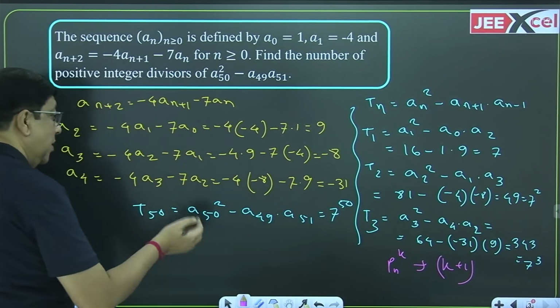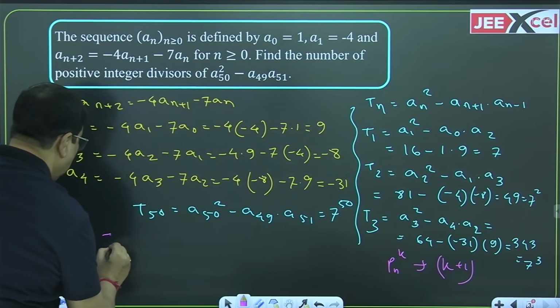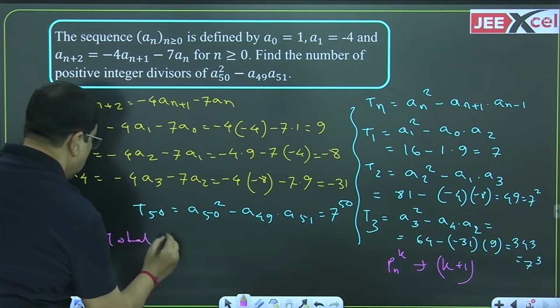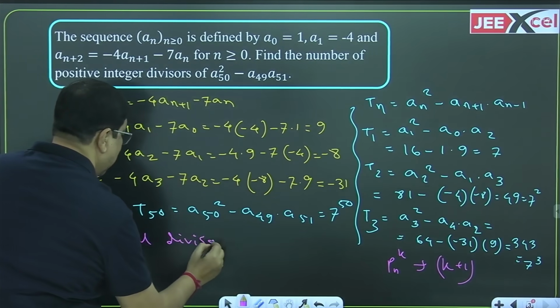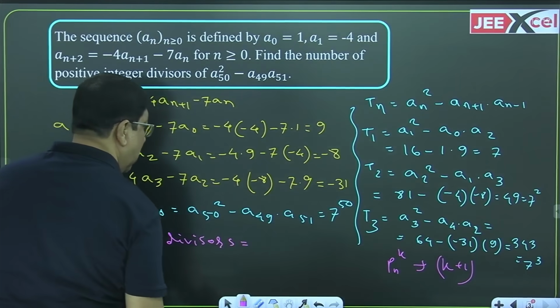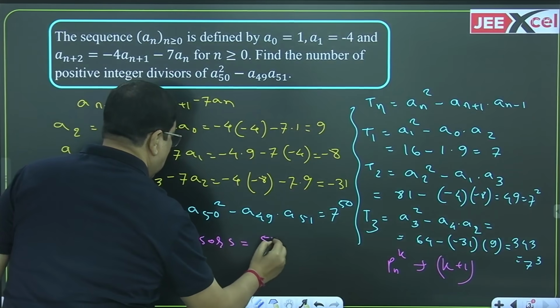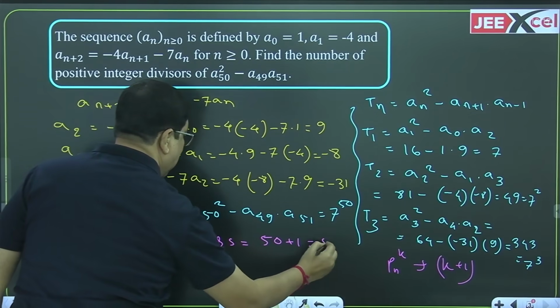Therefore, for 7 to the power 50, the total number of divisors equal to 50 plus 1, that is 51.